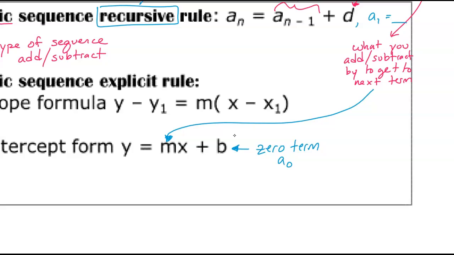So what we'd have to do is go back and find the previous term. Now, sequences aren't linear lines. Sequences model linear lines. They have points along the linear line.